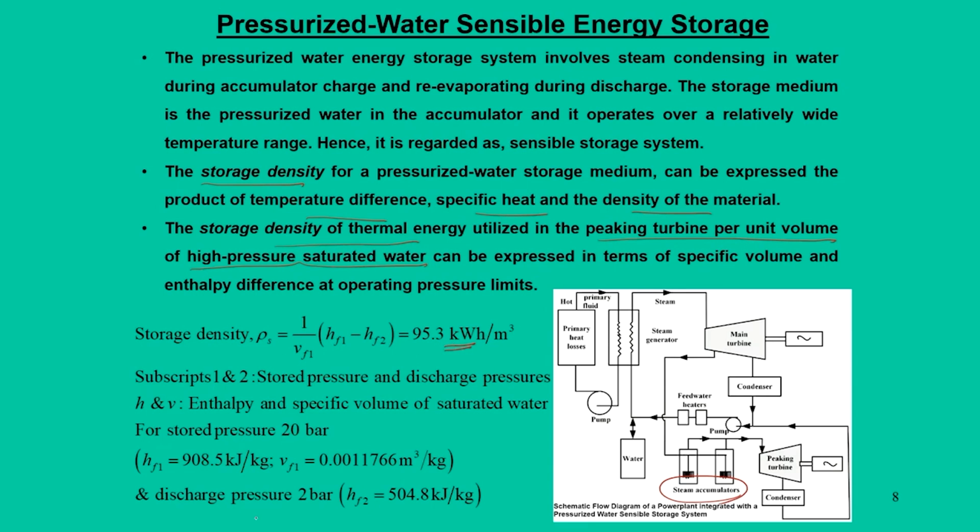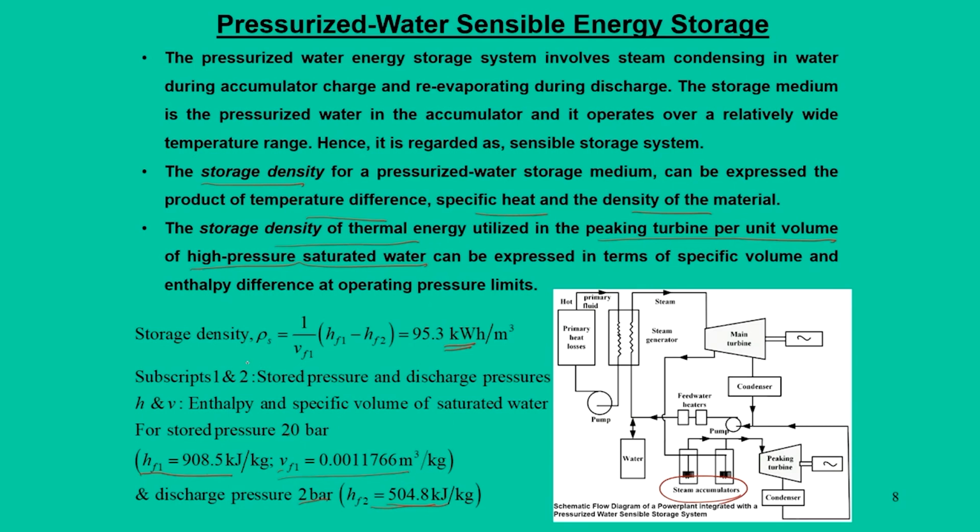For example, in this case if your system operates between 20 bar and 2 bar, we can find the saturated value of enthalpy at 20 bar, and the saturated liquid enthalpy hf, which is 504.8 kilojoule per kg at 2 bar. Correspondingly, at storage pressure, the specific volume of water would be around 0.001176 meter cube per kg.